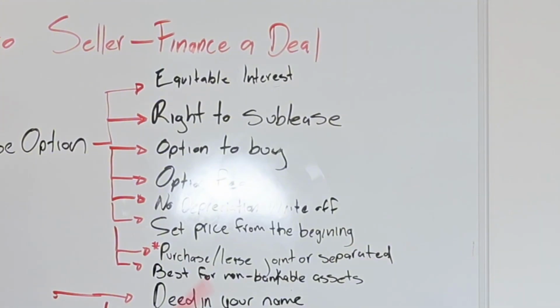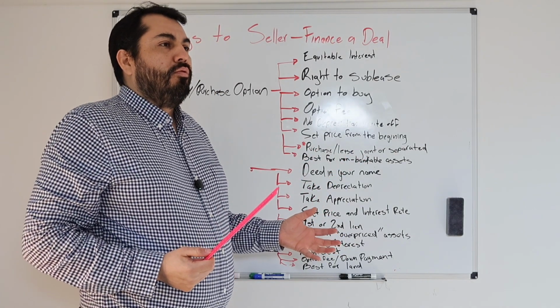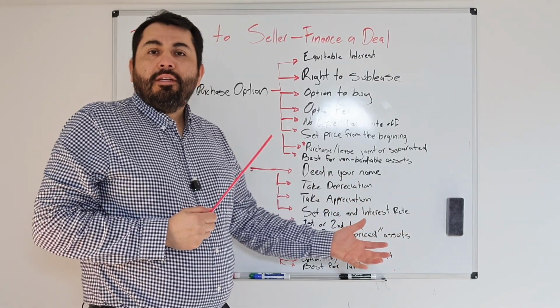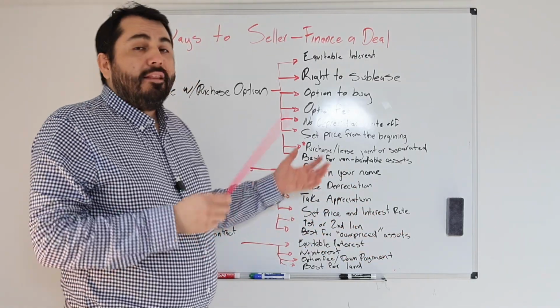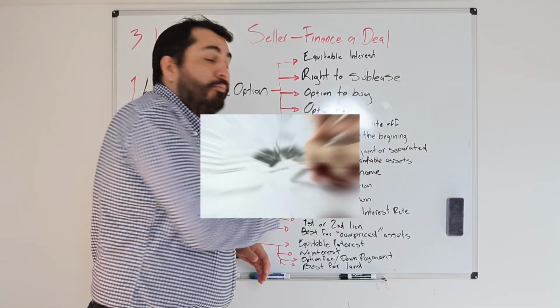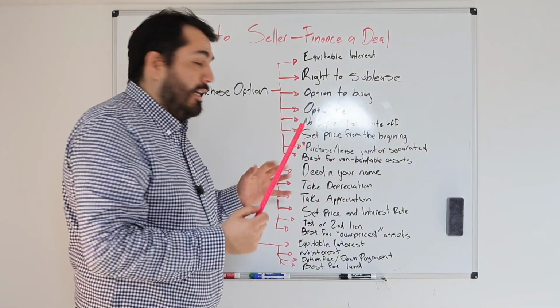That way, if, let's say, you don't pay 1 rent or 2 rents, and the landlord wants to void the lease agreement, you still have the purchase agreement. That helps you. That's a tip.